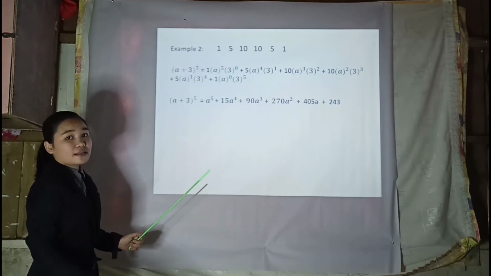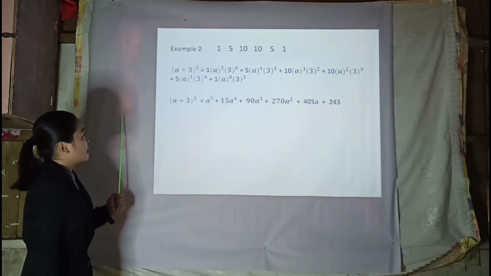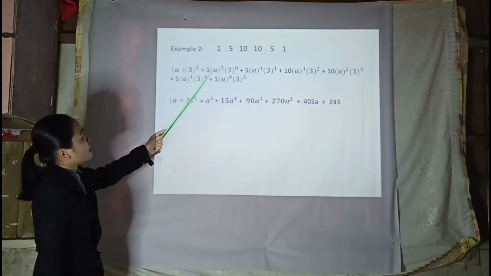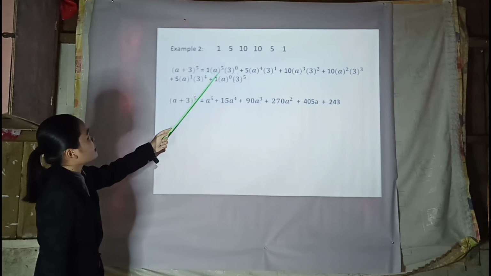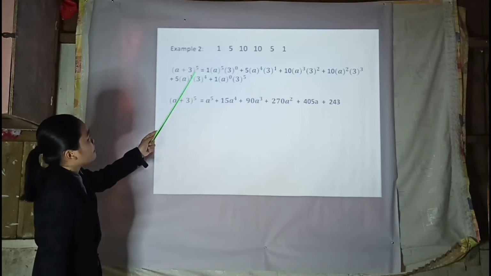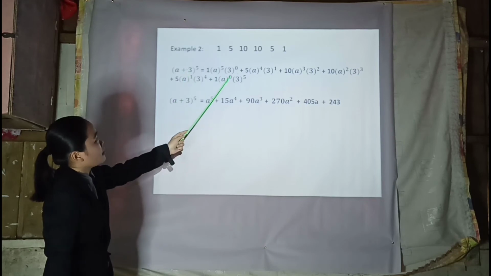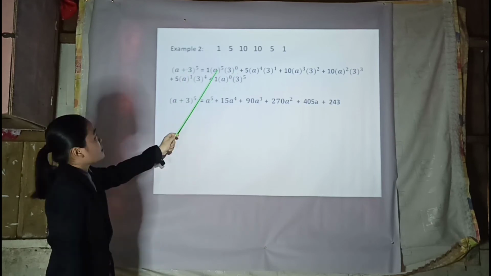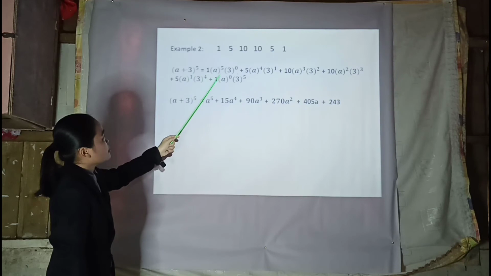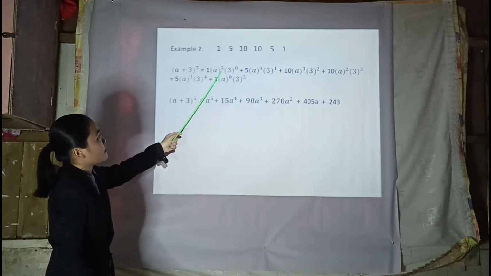So we will apply the pattern that we discussed earlier. We will distribute 1 times a raised to 5 times the b, which is 3 raised to 0. Since 5 is our n, we will start at 5.